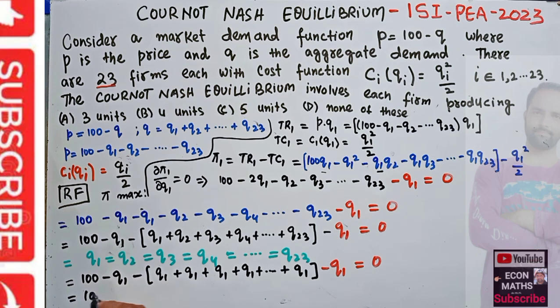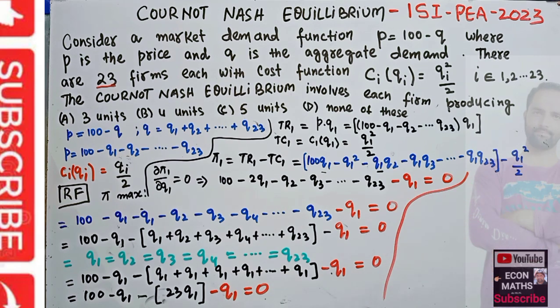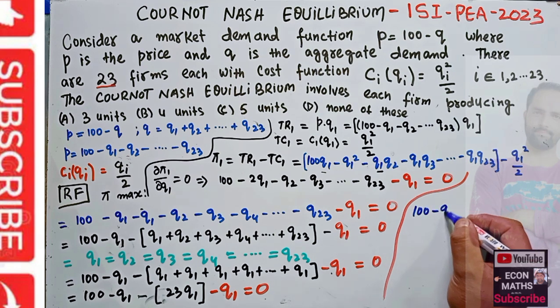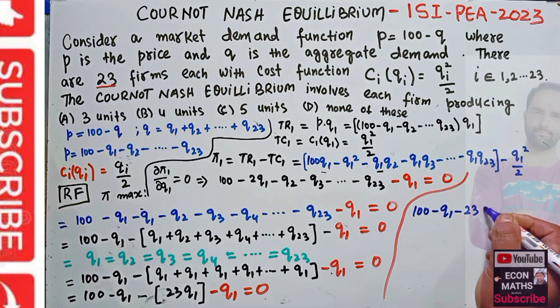So it becomes 100 minus Q1. Now how many Q1s are here? Since we have Q1, Q2 up to 23, here we have 23 Q1. We have minus these 23 Q1s, then this minus Q1, which should be equal to 0, which implies 100 minus Q1 minus 23 Q1 minus Q1 is equal to 0.